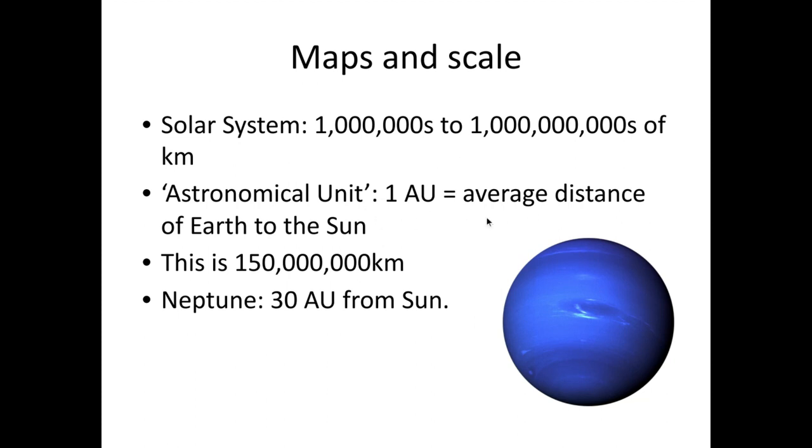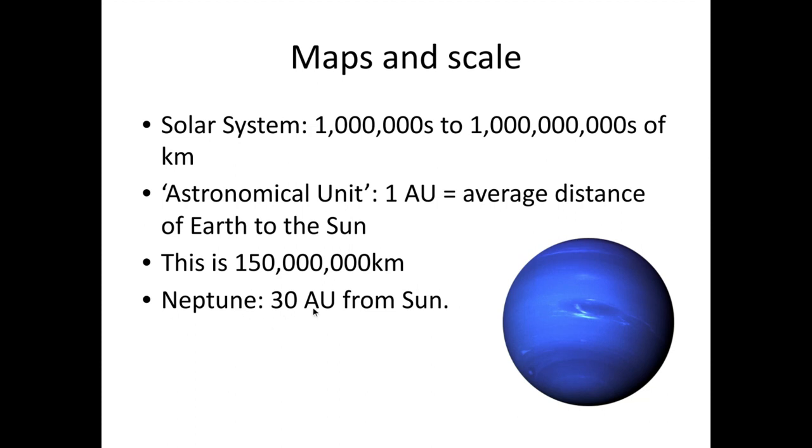So they take an average distance, and we're taking that to be 150 million kilometers. That is on average the distance that we are from the sun. So 1 AU is equal to 150 million kilometers. And then we can start to use much easier numbers to represent the solar system.